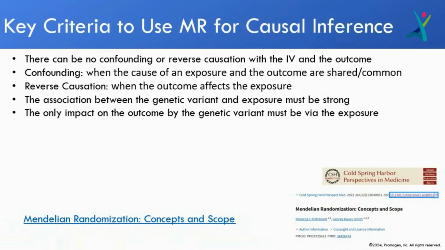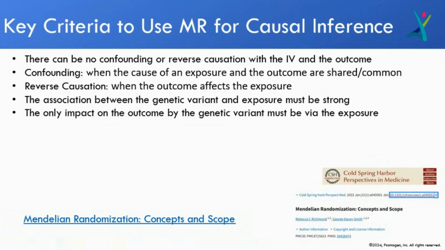There are some key criteria that have to be used if you want to infer causation. There can't be confounding or reverse causation between the IV and the outcome. Confounding is when the cause of the exposure and the outcome are shared or common with each other. Reverse causation is if the outcome actually goes back and impacts the exposure itself.